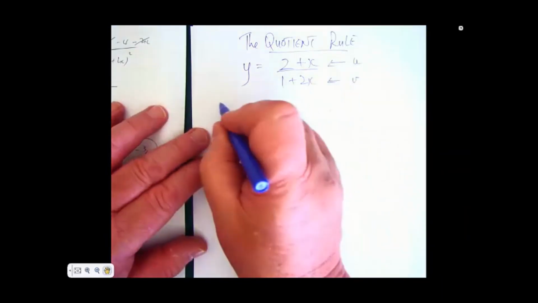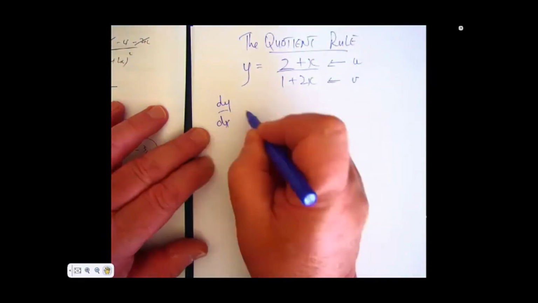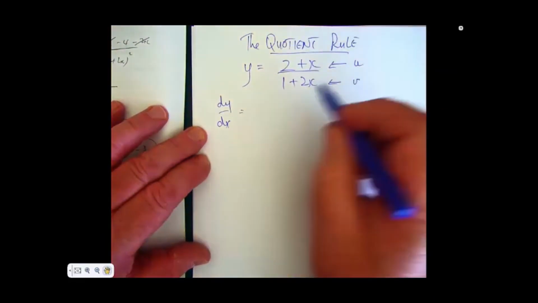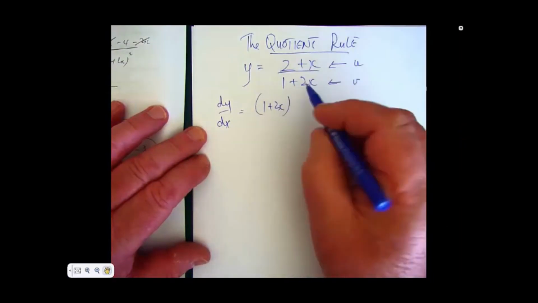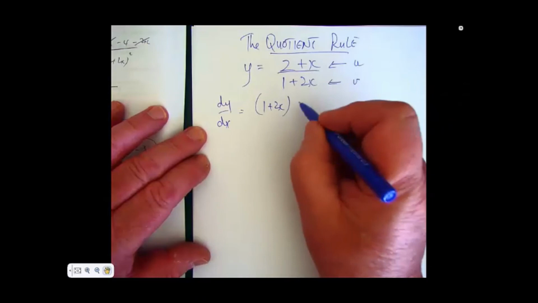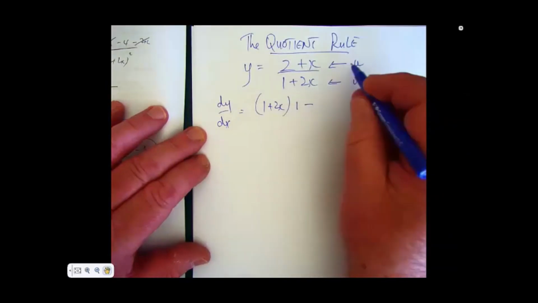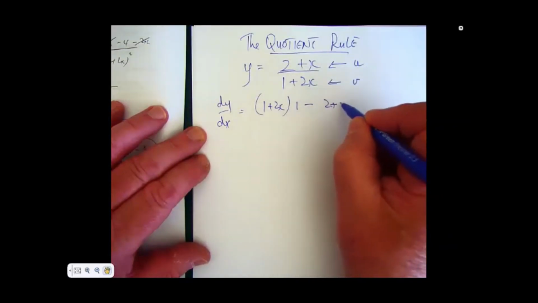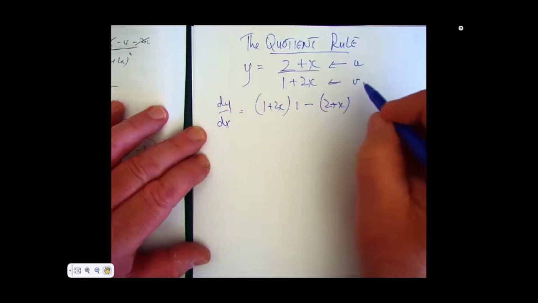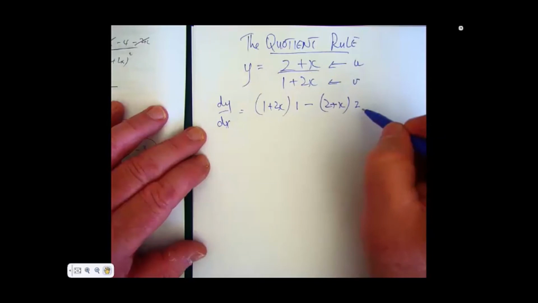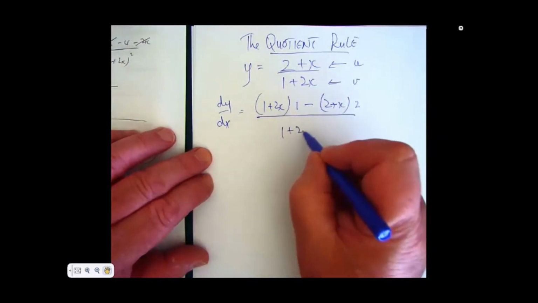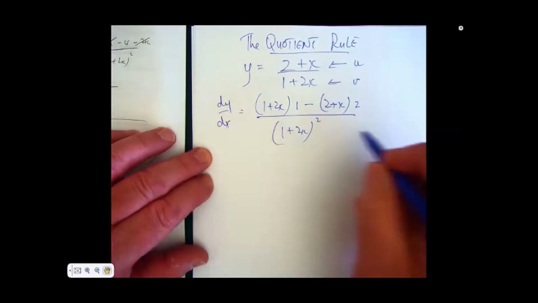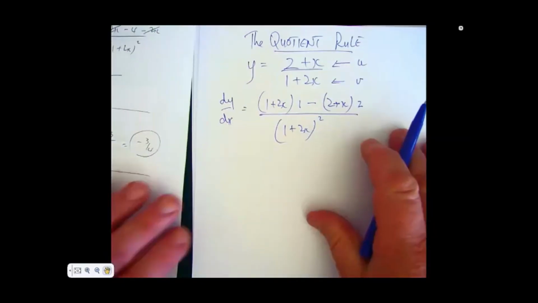Now, to differentiate, this is going to be v multiplied by du dx, which is this, and the differentiation of this form is just 1, minus u, which is 2 plus x, multiplied by the differentiation of this, which is in fact 2. 2x just goes to 2. Divided by v squared, which is (1 plus 2x) all squared. Don't bother multiplying this out, leave it as it is.